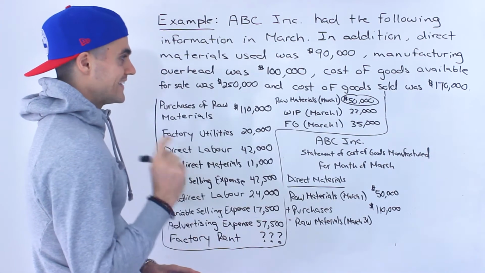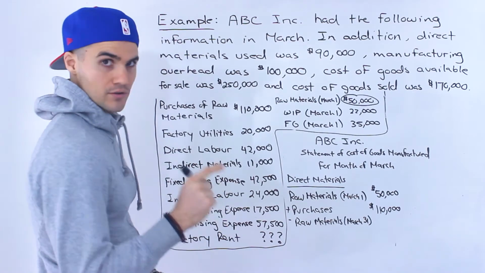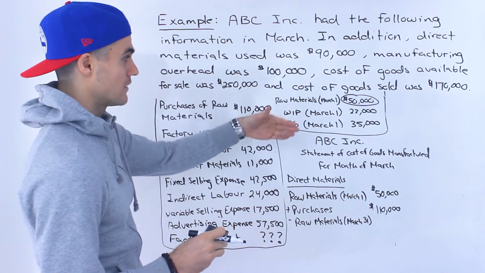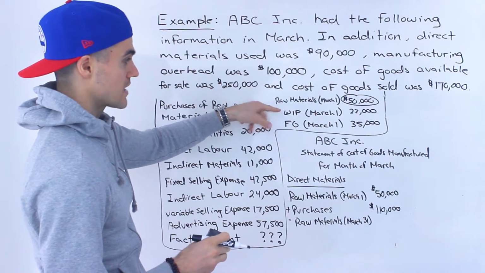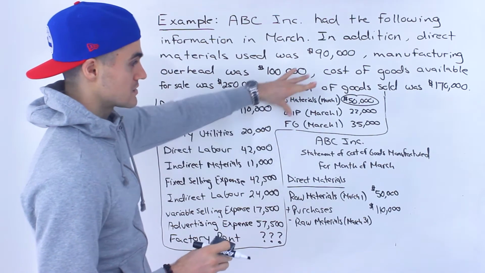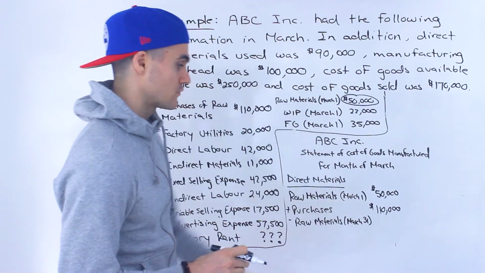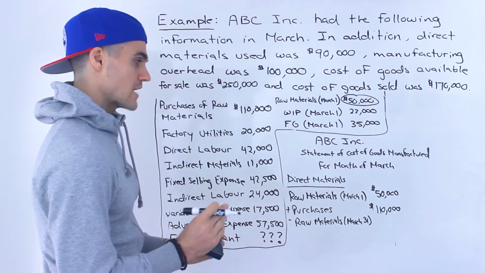But notice we're not given the raw materials on March 31st. We're actually not given any inventory figures at the end of the period. Raw materials, work in process, and then finished goods, all of those figures are for March 1st, and there's none given for March 31st.